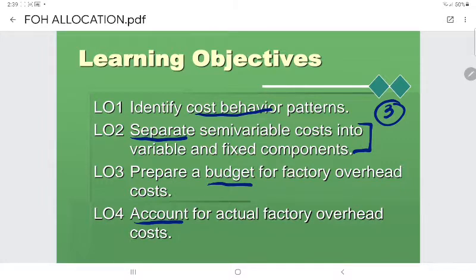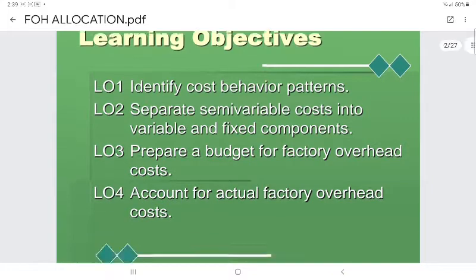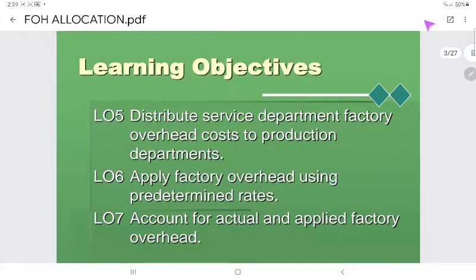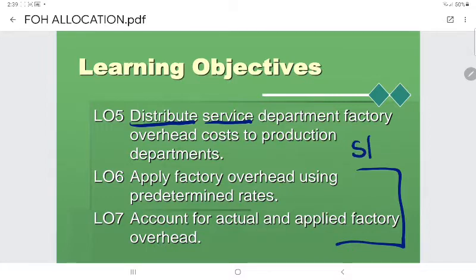Then you need to also distribute, no, your service costs, then your determination of the standard factory overhead, or you need to apply and record your actual and applied, okay?